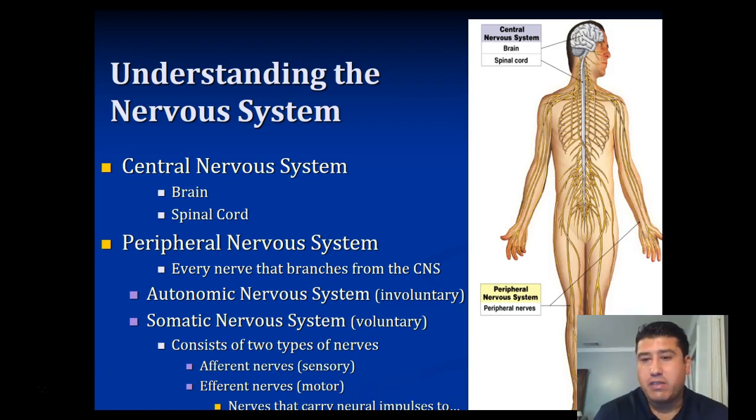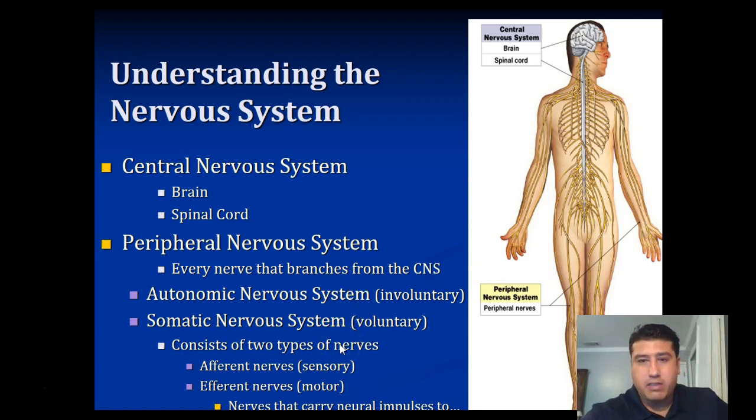The autonomic nervous system is responsible for all involuntary activities, the parts of the body that we don't have control over, like heart rate, digestion, or glandular secretions. We can't on demand tell those systems to work. It requires the brain delivering it whenever it feels it needs to, or whenever it's stimulated to do so.